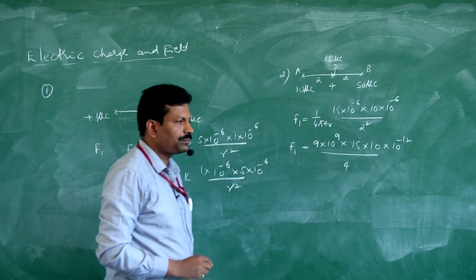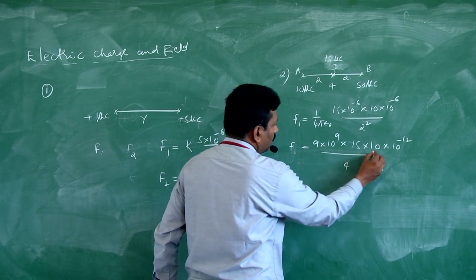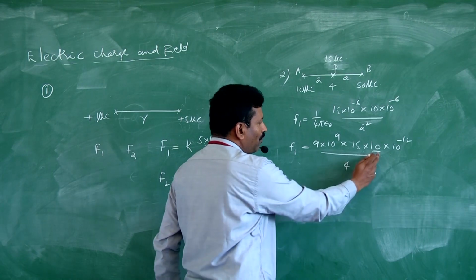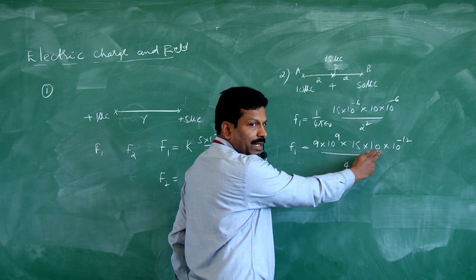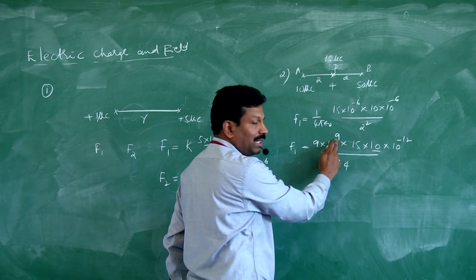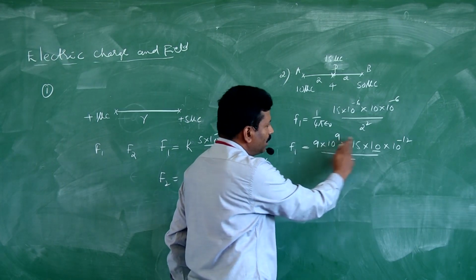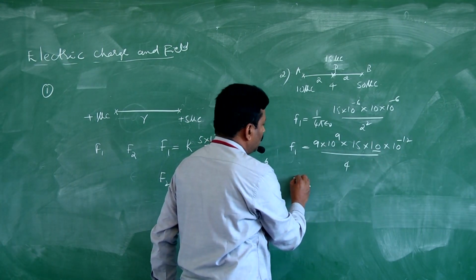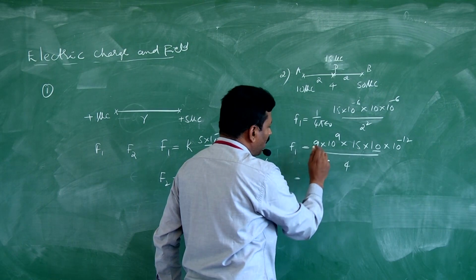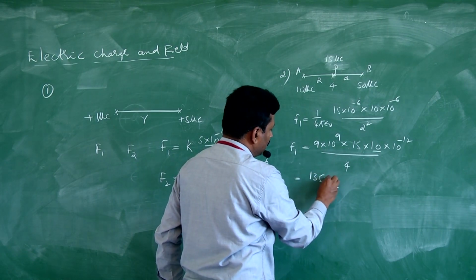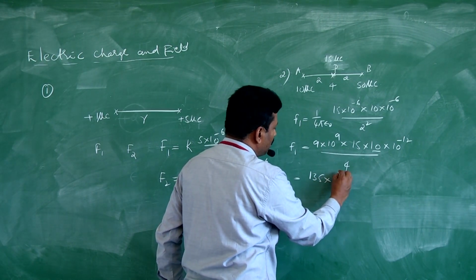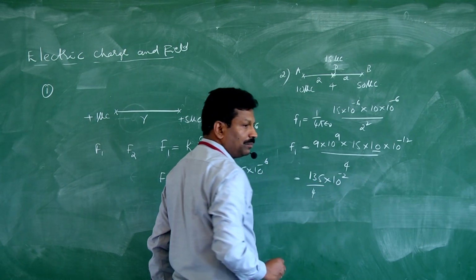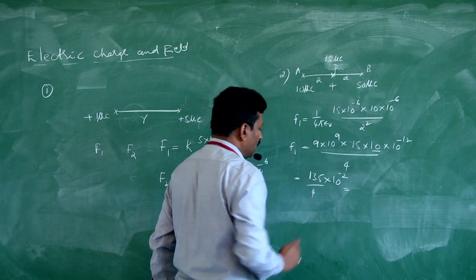Here the 10 I can take as 10 to the power 1. 1 plus 9 is 10, then minus 12. 15 into 9 is 135. So it is 10 to the power minus 2 divided by 4, so 135 divided by 4.